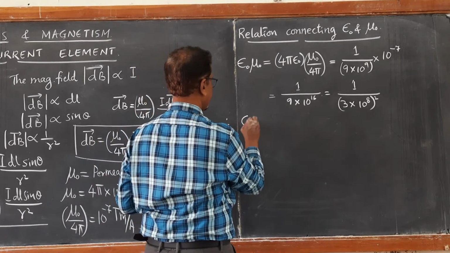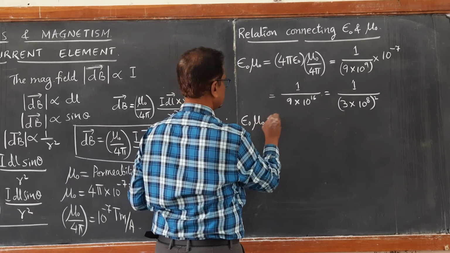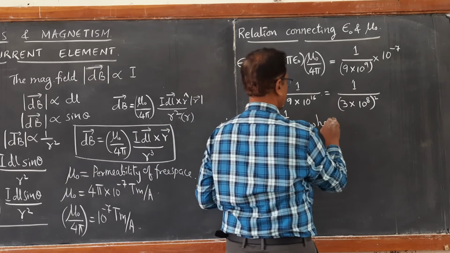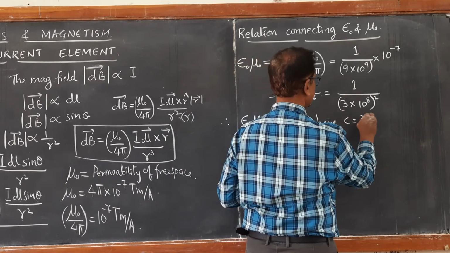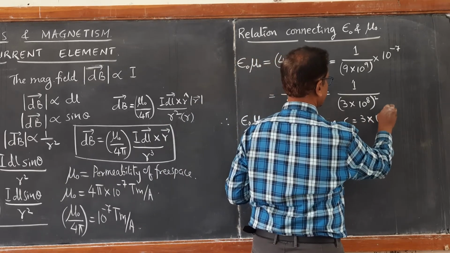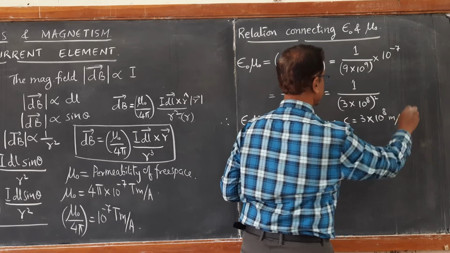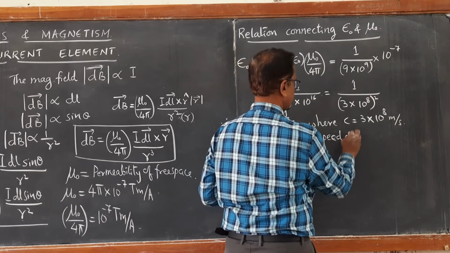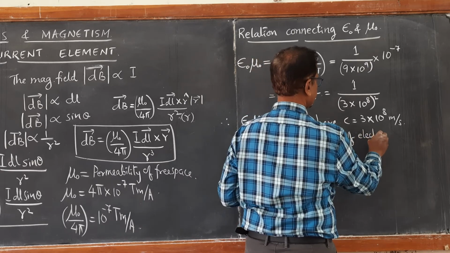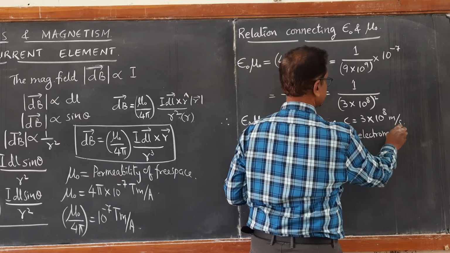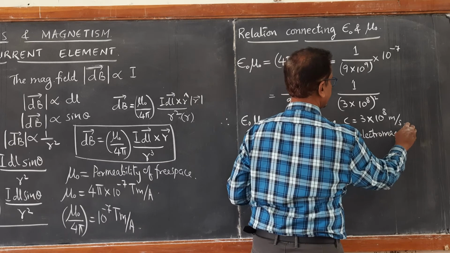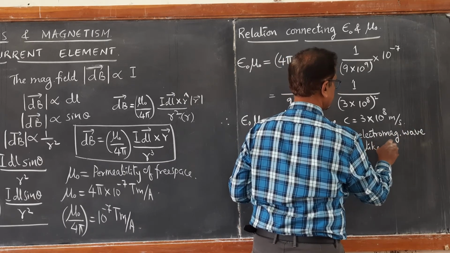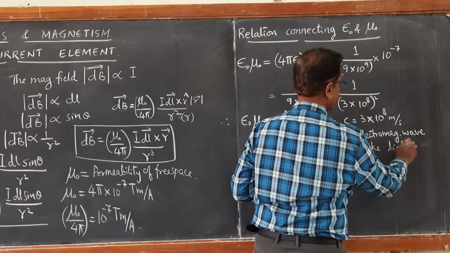Therefore, we get epsilon naught into mu naught equal to 1 upon c square, where we know c is the speed of light, 3 into 10 to the power of 8 meter per second, the speed of electromagnetic waves.